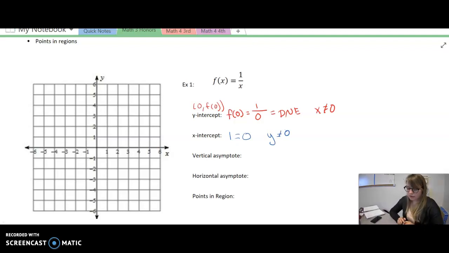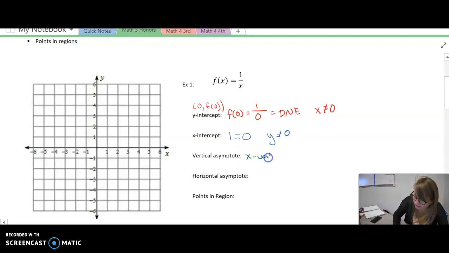Okay, so now we have our vertical asymptote. What this means is it's an invisible line that our graph will never touch. And we kind of already found them with our x and y intercepts. A vertical asymptote will always deal with the x value, so this is whatever x value does not equal a, and that's just a variable.